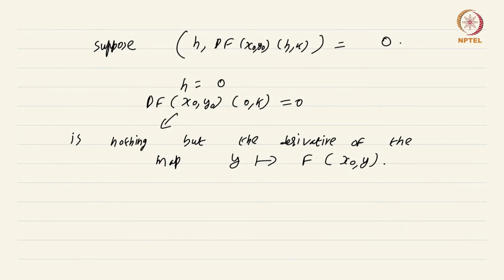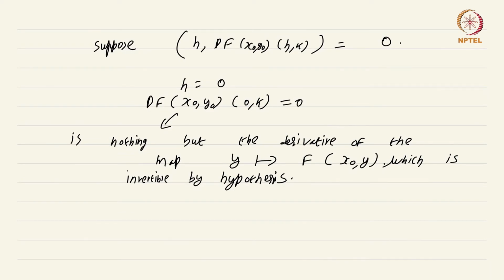This is just the derivative of the map y maps to f of x0 y, which is invertible by hypothesis. I want you to check precisely what this is saying.